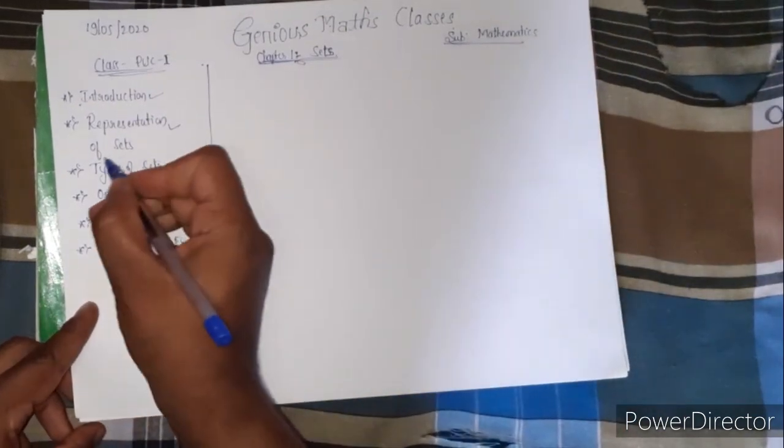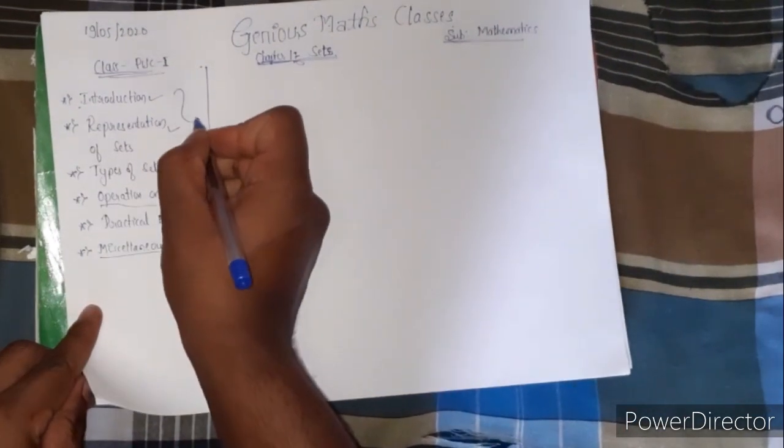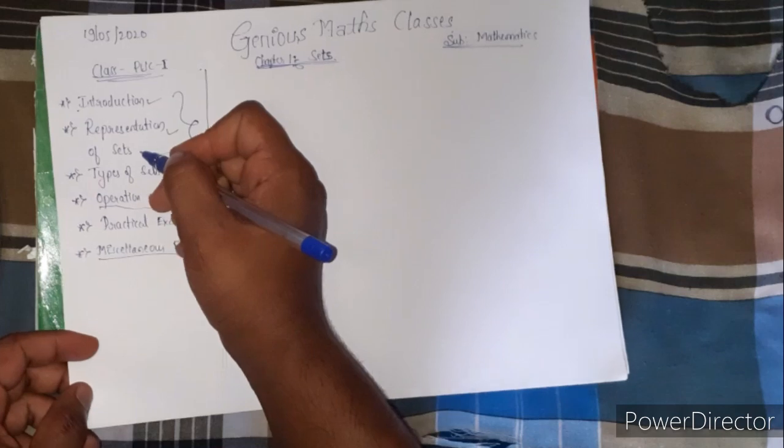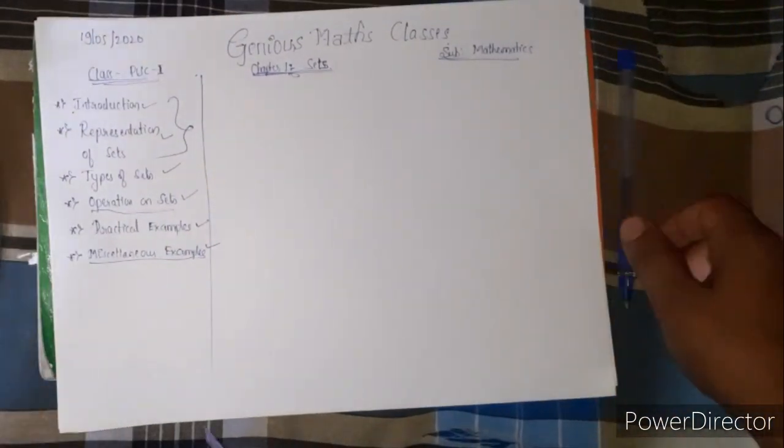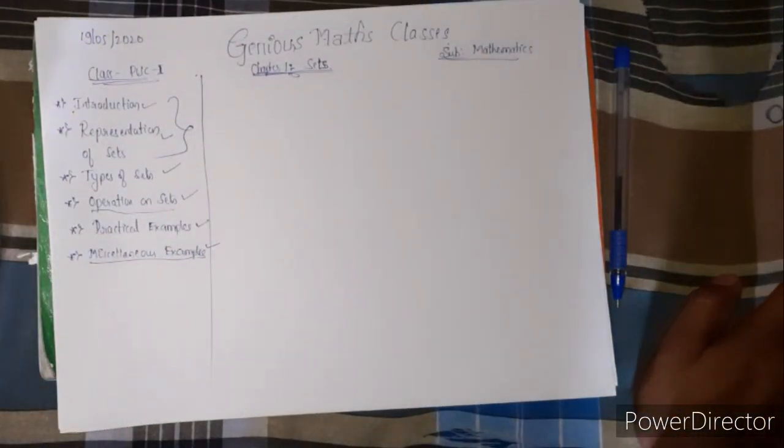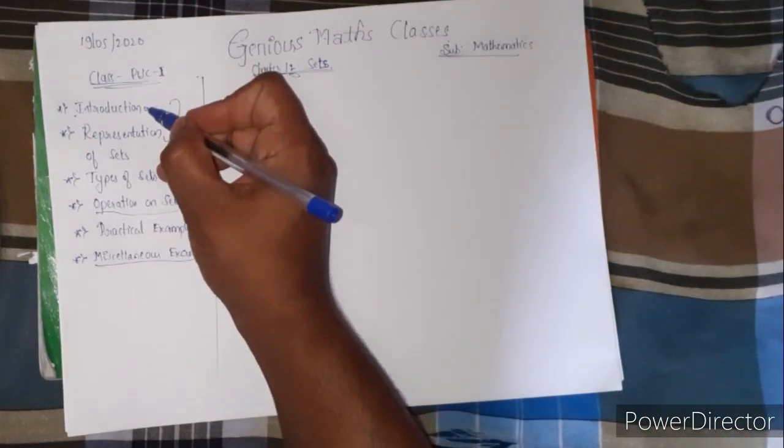In this video we are just dealing with the introduction as well as the representation of sets. Let me explain what sets are and why they are really necessary to study. So this is the introduction.